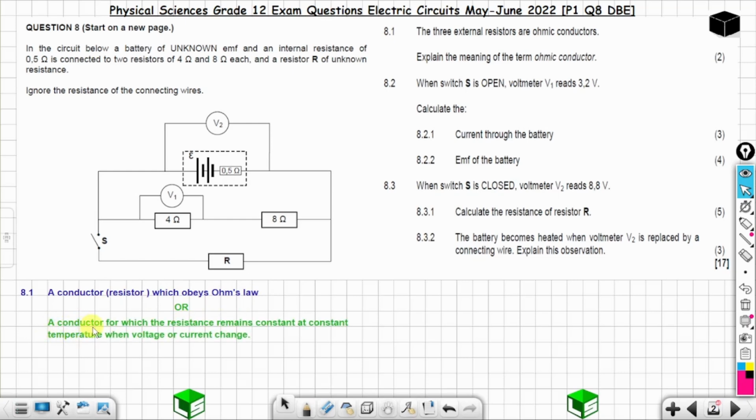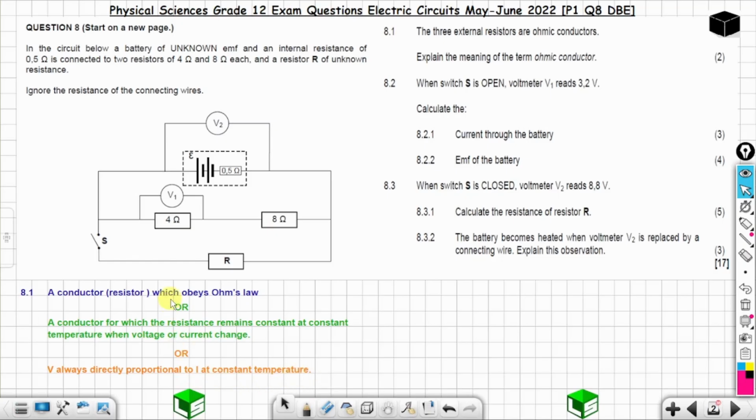it is a conductor for which the resistance remains constant at constant temperature when voltage or current change. Or you can also say the voltage or the potential difference is always directly proportional to current at constant temperature.